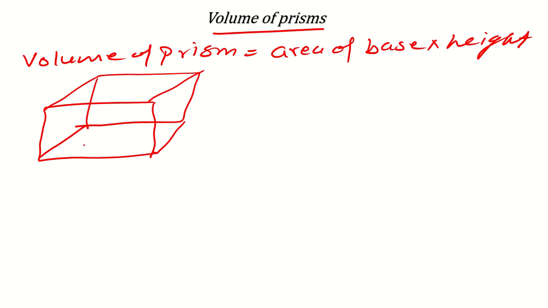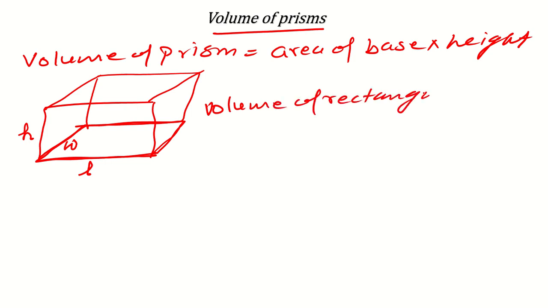So what will be the volume of the rectangular prism? What is the base here? The base is a rectangle. So if I take base length as L, base width as W, and height of the prism as H, I am writing for volume of rectangular prism.